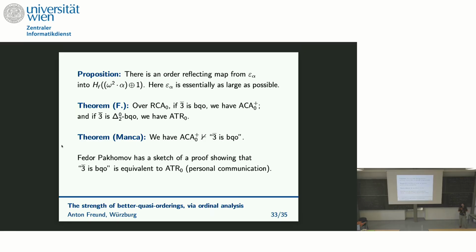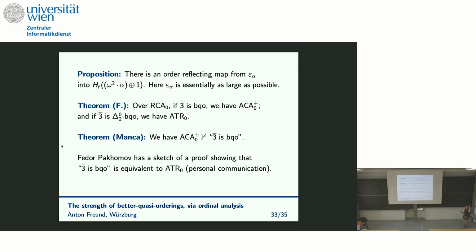And that played a very important role in Antonio Montalban's analysis of Fraïssé's conjecture. And now also over RCA0, if you know that the 3-element antichain is even delta 02 bqo, then I know how to reach arithmetic.